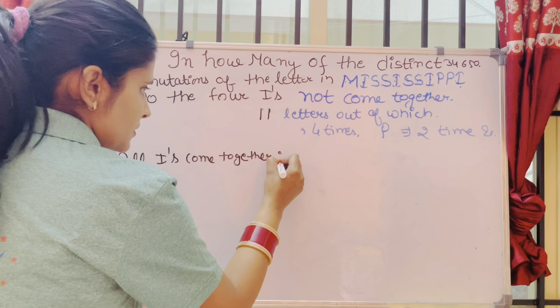Right? So first we can write out, how many letters are there? Out of 11 letters, 4 I's come together.